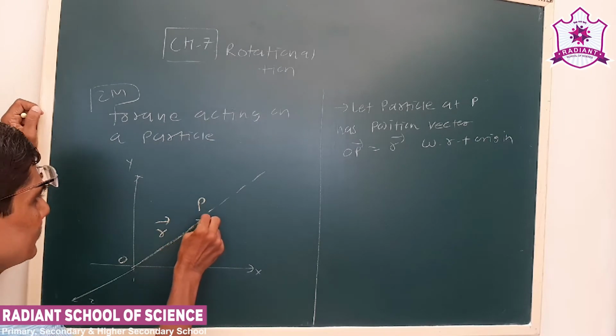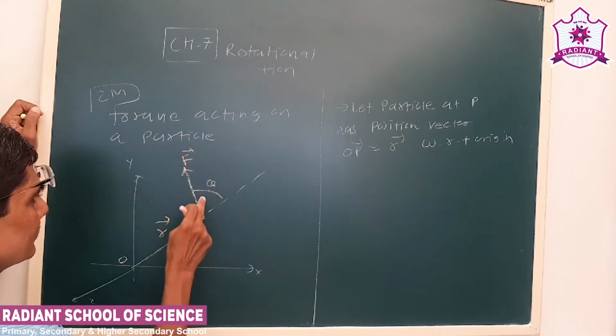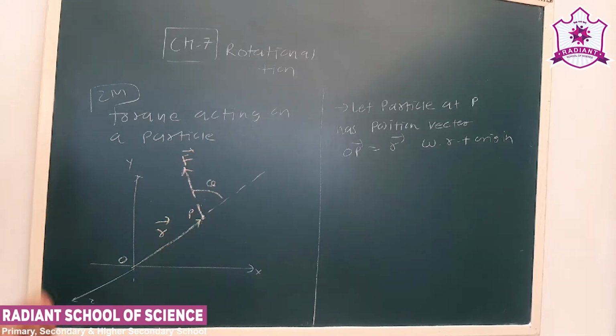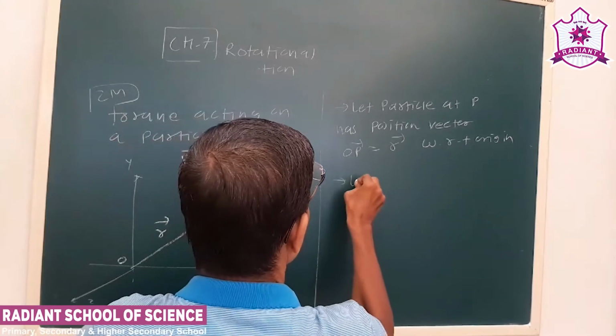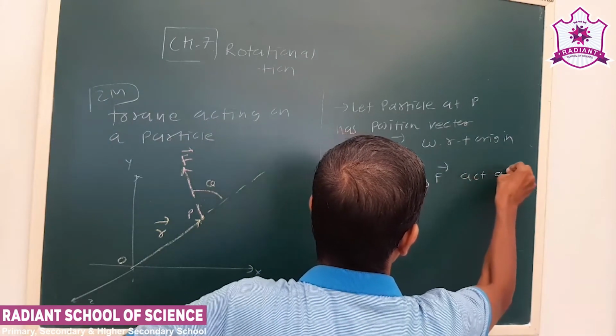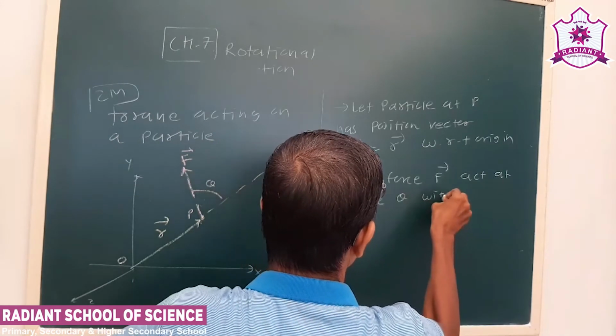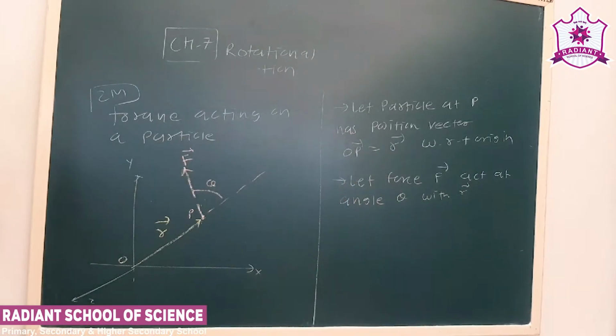Now let us say force F is acting at angle theta with r. Okay. Now the angle between position vector r and force F is theta.